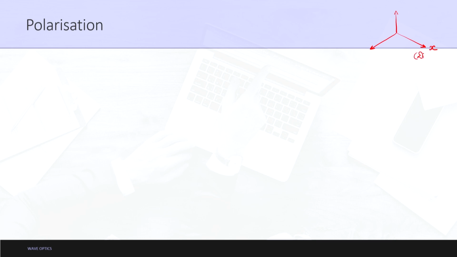Let me write here, direction of propagation. Let us say this is direction y, that is the direction in which there is a vibration in the electric signals, and let us say z is the direction in which there is a vibration in the magnetic signals. Okay, so now let me make a diagram.